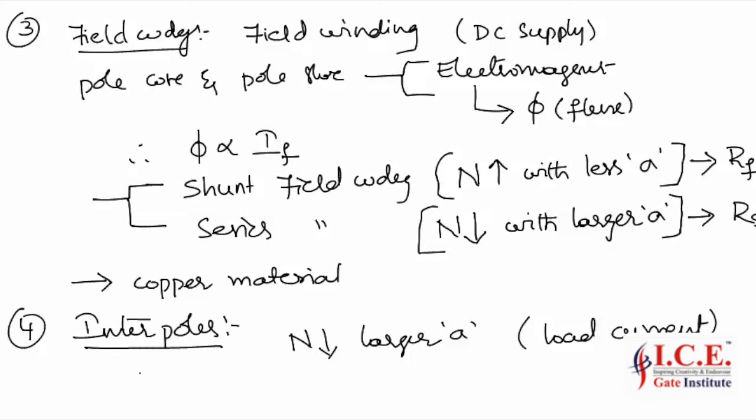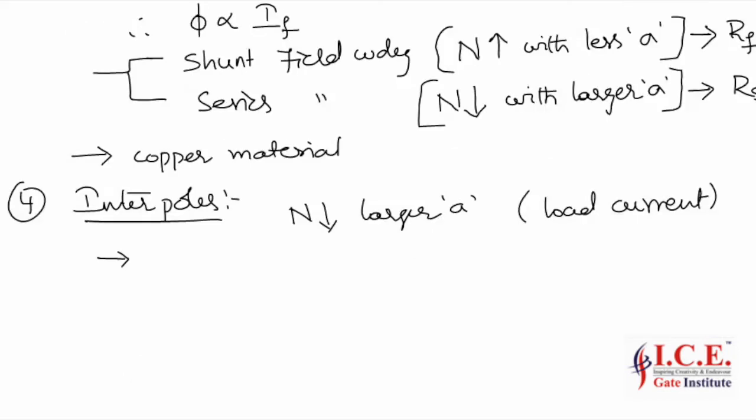The purpose of these interpoles is to minimize the armature reaction. The interpole winding is connected in series with the armature.